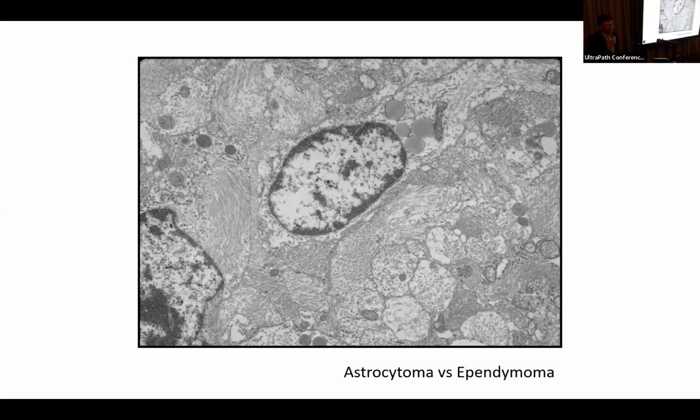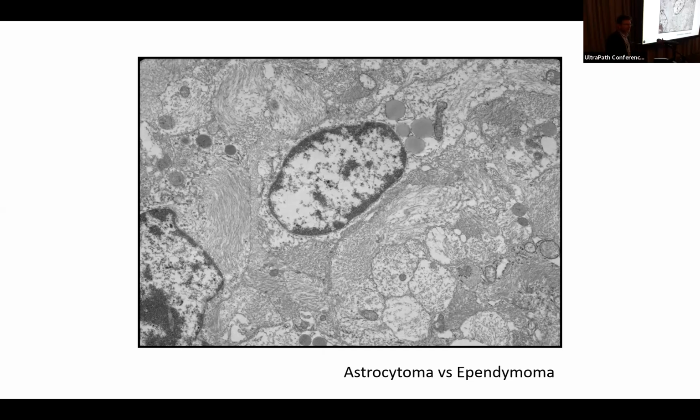And then we still look at these quite a bit. Well, maybe not quite a bit, but it's not uncommon. The diagnostic dilemma here is: is this an astrocytoma or an ependymoma? Those are both glial tumors, and sometimes they can't be reliably distinguished by immunohistochemical means.